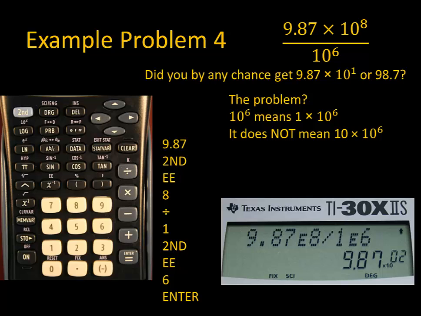So if you do that, you end up dividing by something that's 10 times too large, and you get an answer that's 10 times too small. You would get the 9.87 times 10 to the first. So 10 times 10 to the 6th is actually 1 times 10 to the 7th, or just 10 to the 7th. So watch out for that. Be careful for those naked powers of 10.